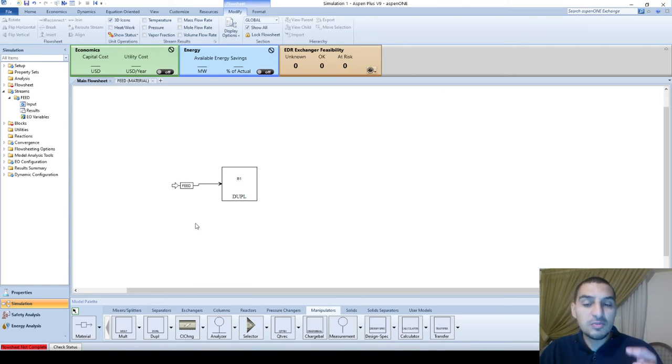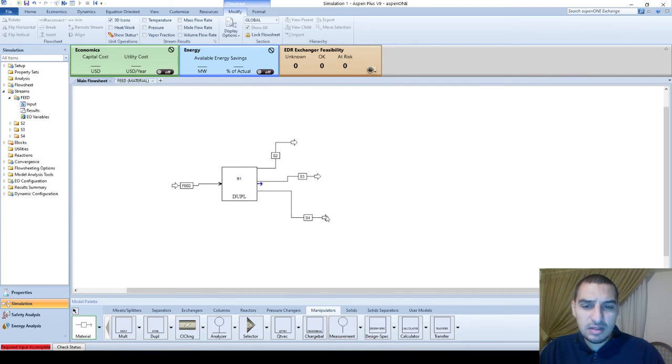It keeps the composition and the flow rate. It duplicates the stream, so I'm gonna get 4 outputs out of this. Of course, this is a hypothetical module. It's not a real module that we can use in real life. But this is easy because if I need to change anything in the feed, I just change it here, and it's gonna change automatically in the 4 streams.